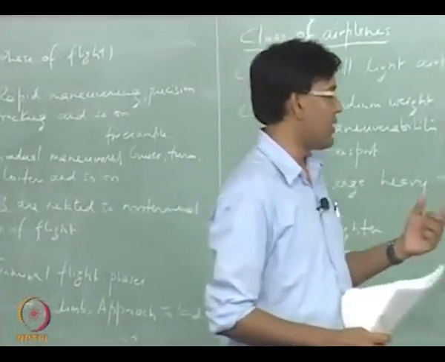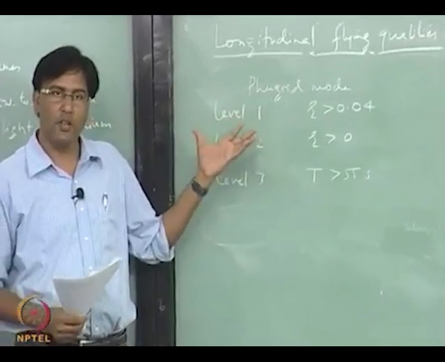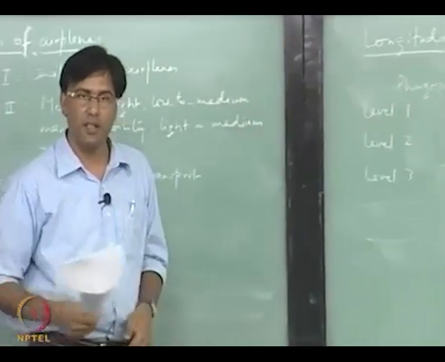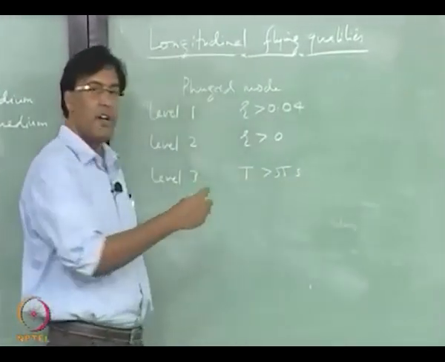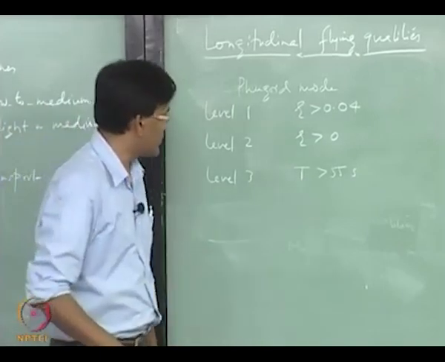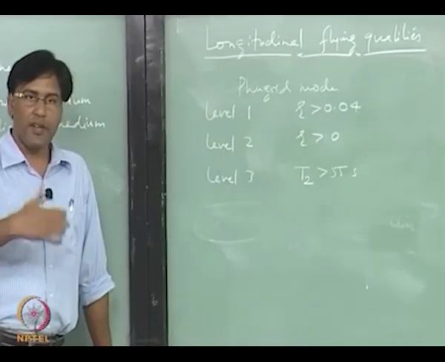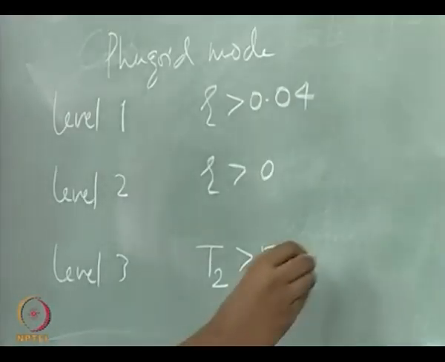So, even if you have a divergent phugoid mode, that is unstable phugoid mode, then the time of doubling the amplitude, right, should be more than 55 seconds.